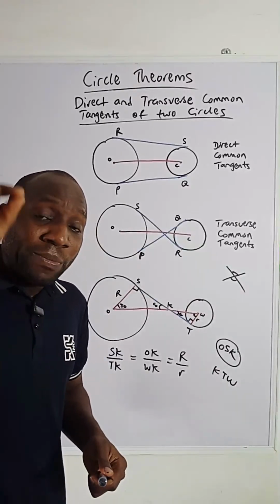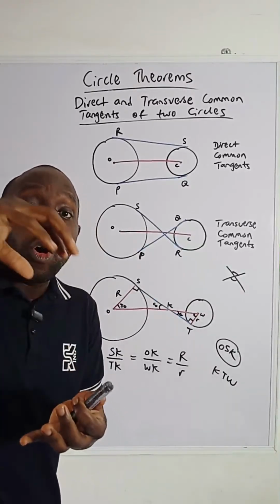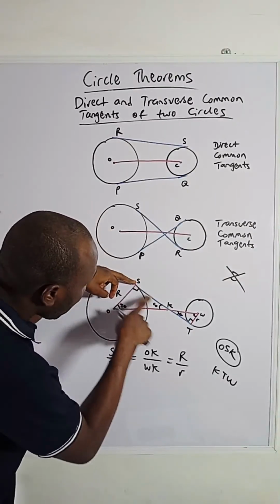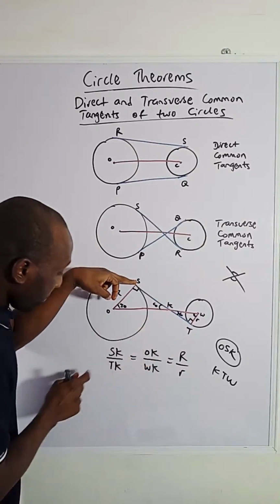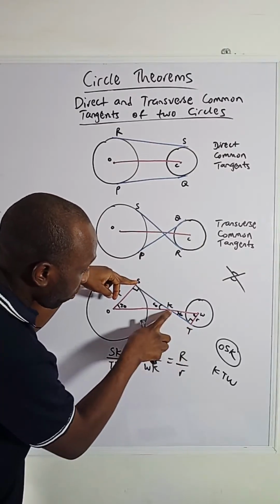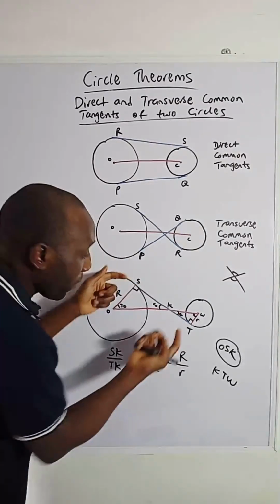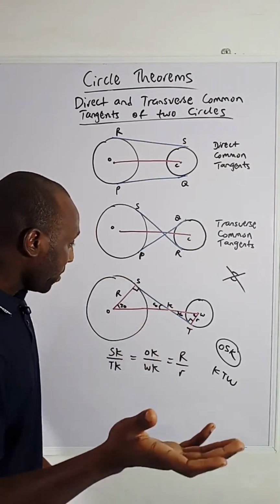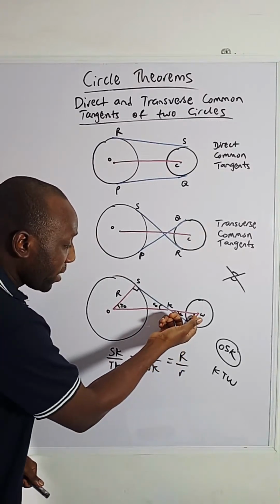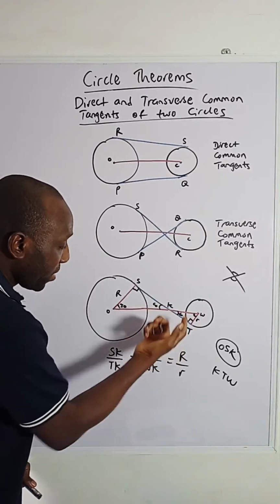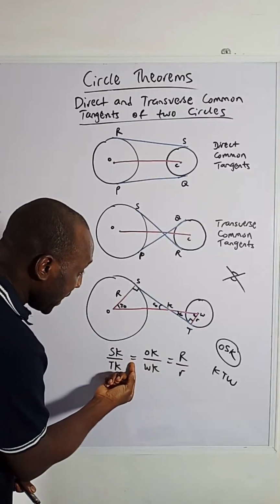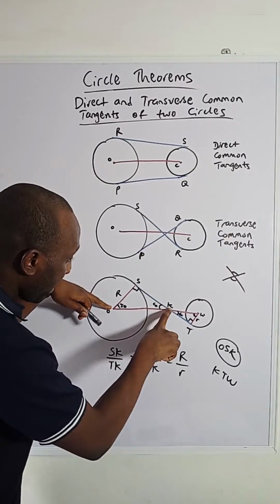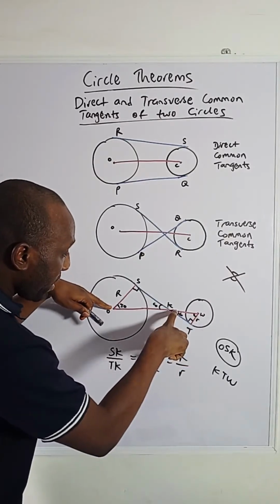So if they're equal, it means that the ratio of their corresponding sides are equal. SK, from S to K, over TK, from T to K, that's the ratio of their corresponding sides. TK and SK are corresponding sides, because they are opposite the angle of 30 degrees. Then it is equal to the other corresponding sides, OK over WK.